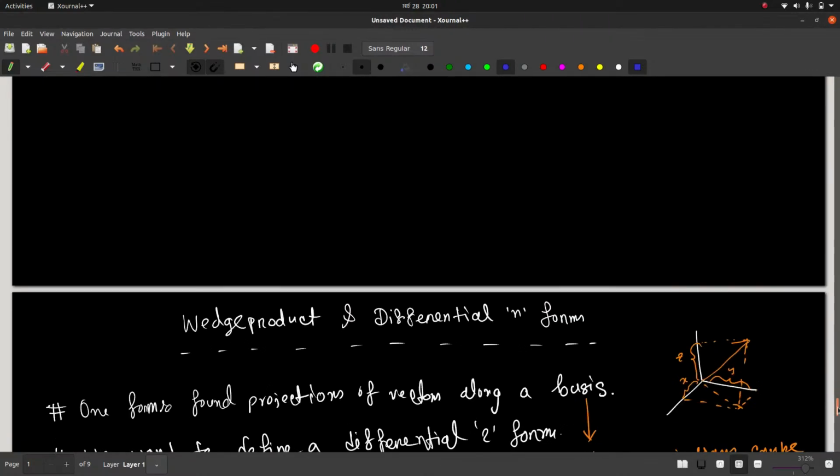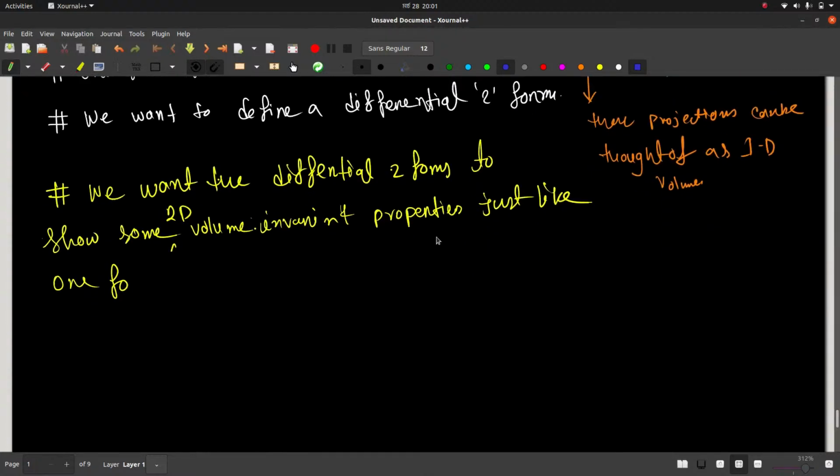Properties. So as I was saying, it will show some 2D volume invariant properties just like the one forms. And with that in mind, we write our first differential two form as follows.